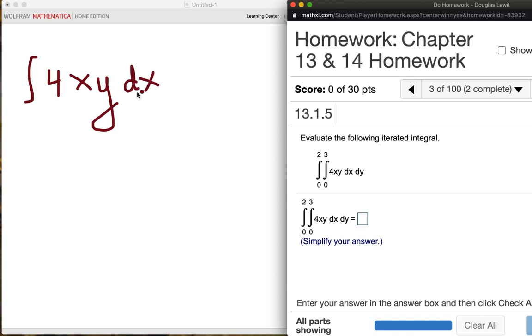My variable of integration is actually x, so I could write 4y, which is like a constant, times x dx.